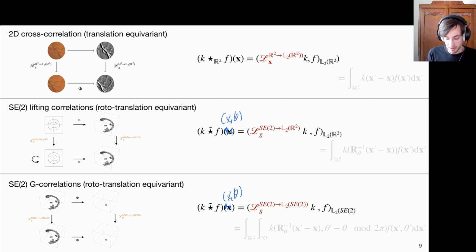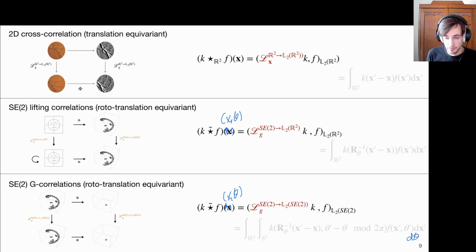Here we generate higher dimensional feature maps which assign to every translation and every rotation angle a response, and the same now for the subsequent group convolutions. But here the input is already a three-dimensional feature map, but here the input is a 2D feature map. Which means that here we take the inner product over R2, we integrate over R2, dx. Here we integrate over SE2, R2 times S1, integrate over dx, so there should actually also be a d theta over there.